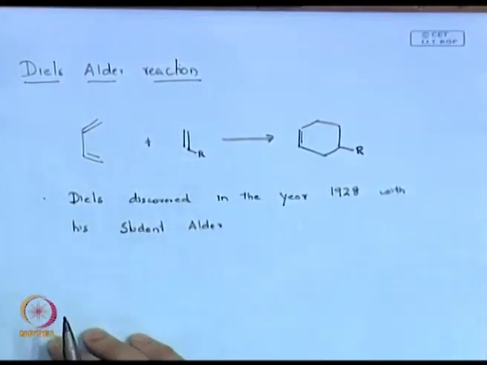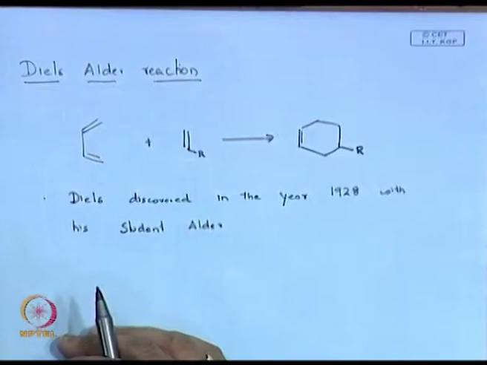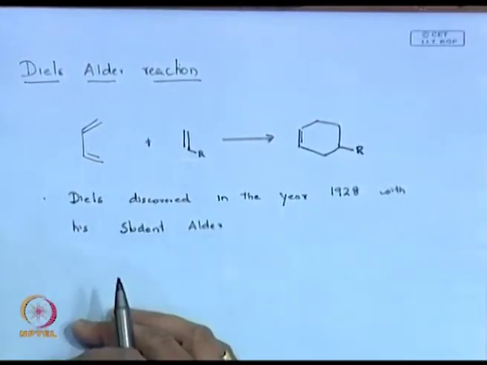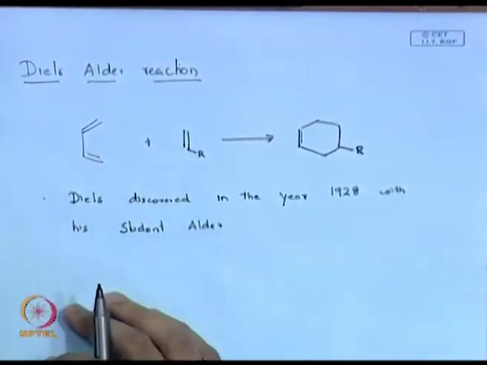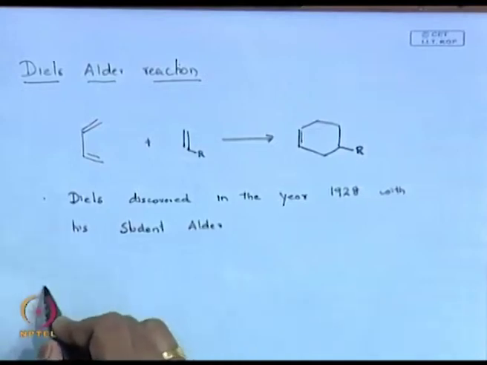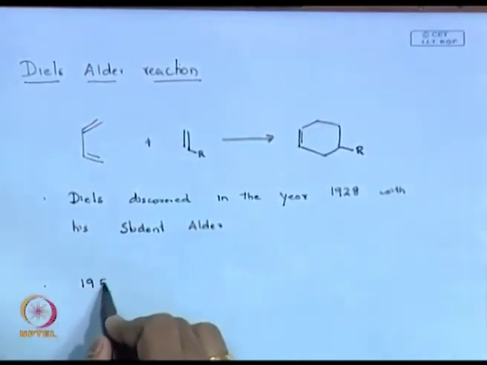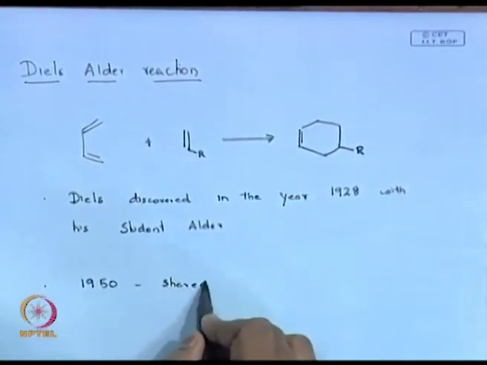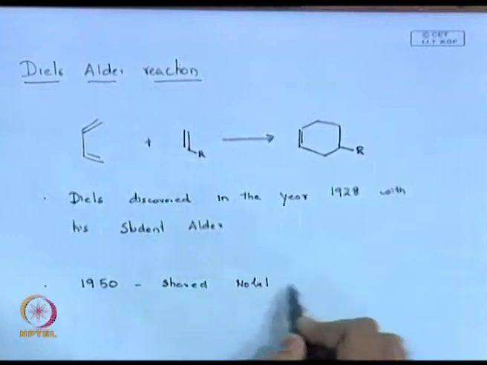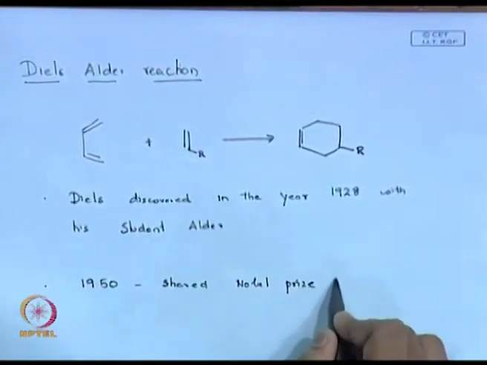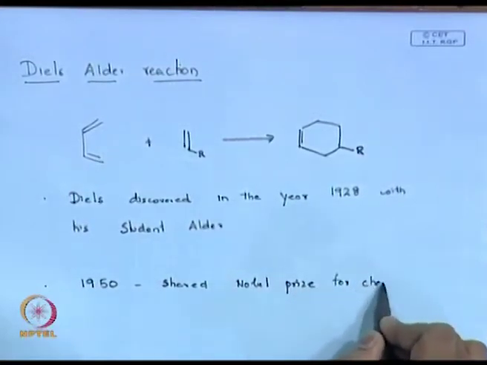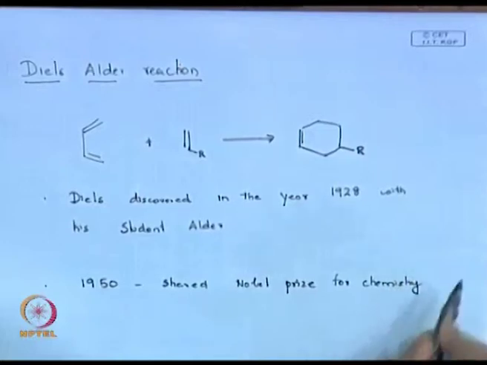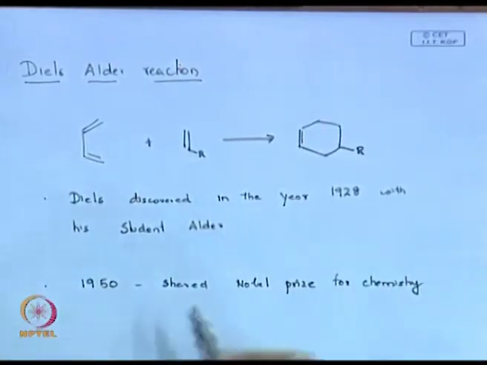I think this is the first reaction which has been named after the scientists who discovered it, and this is your Diels-Alder reaction. In the year 1950 they shared the Nobel Prize for chemistry. They got the Nobel Prize in chemistry in 1950 for Diels-Alder reactions.